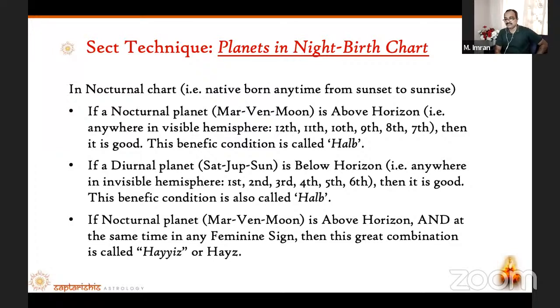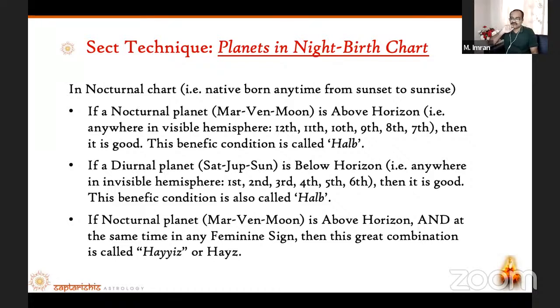Suppose in a nighttime chart you have Mars in the 11th house, 10th house, 9th house, anywhere in the visible half. This is a great Mars. Mars is a nocturnal planet, and Mars is positioned in a nocturnal hemisphere. This is great, right?